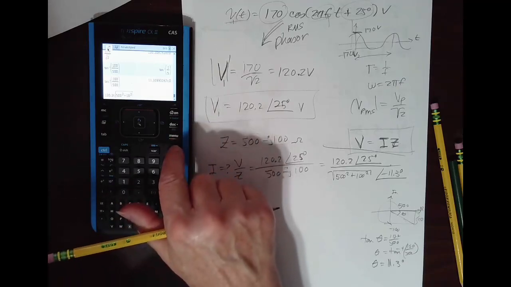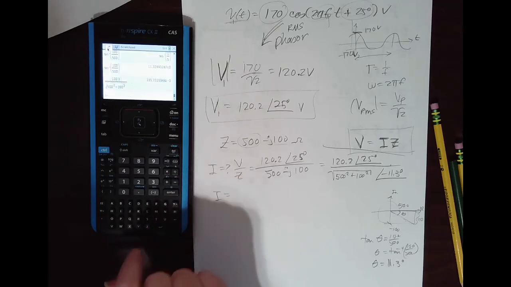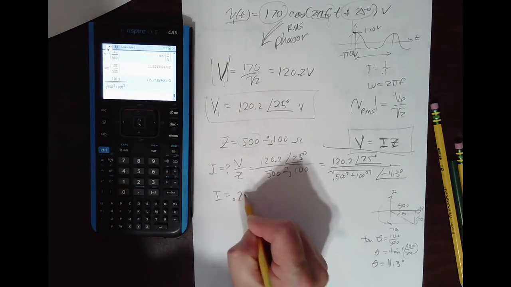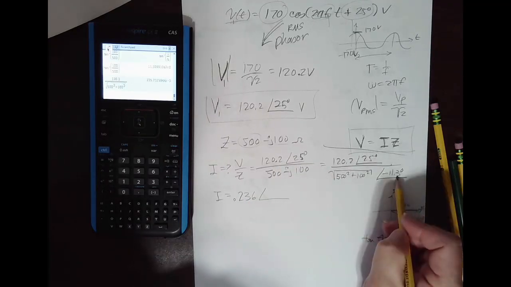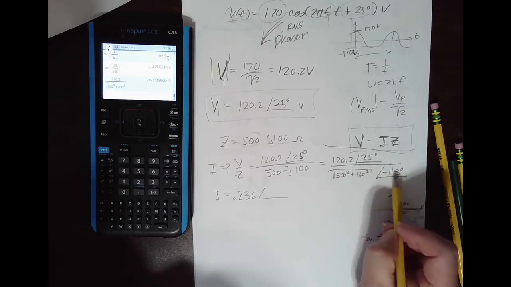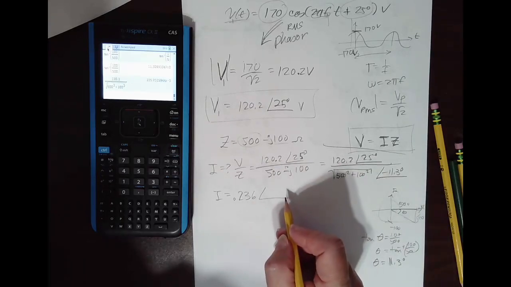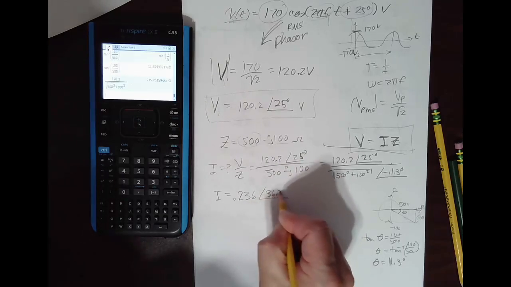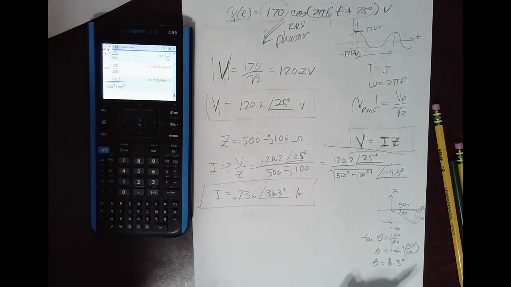That's not 100, we need another 0 there. 0.236. And then the angle, when we divide, we subtract angles. So 25 minus a minus 11.3 would be 25 plus 11.3, so 36.3 degrees amps. Okay, so that would be our phasor current.